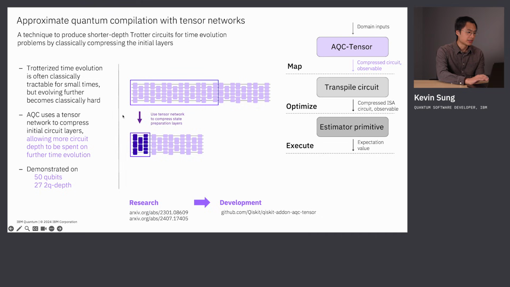And one of the reasons that trotterized time evolution is a good application is that at the very beginning, for small evolution times, the circuit can usually be simulated by tensor networks, which are not going to be applicable in the most general case.